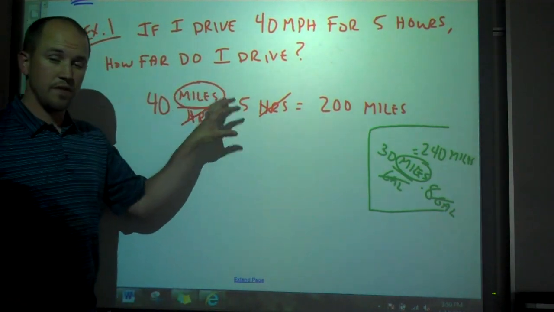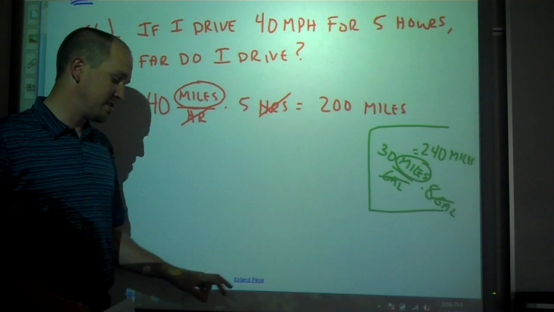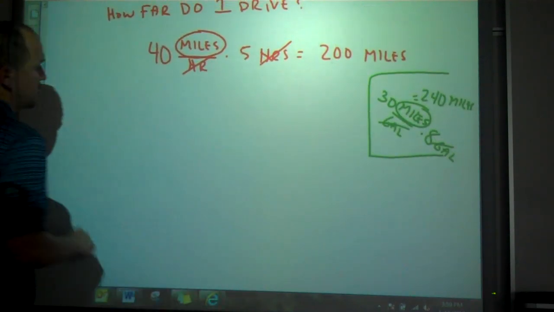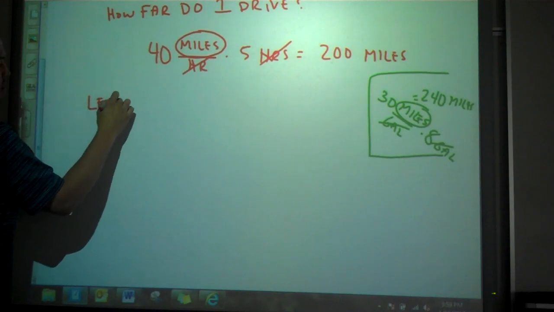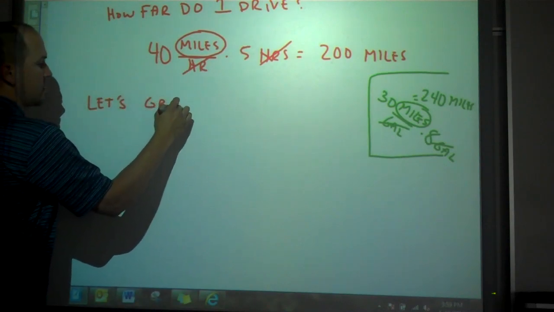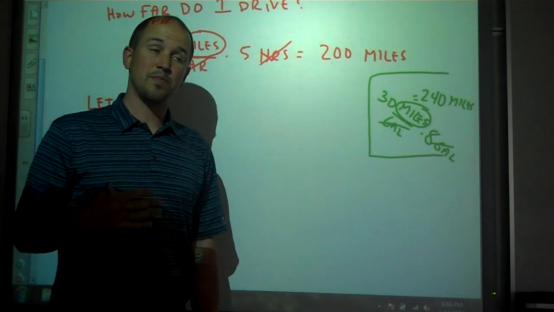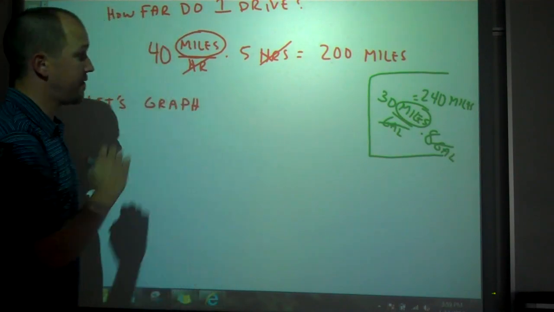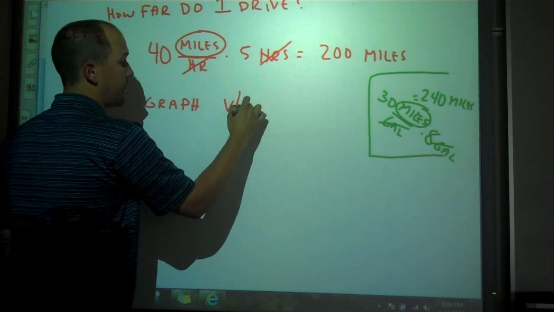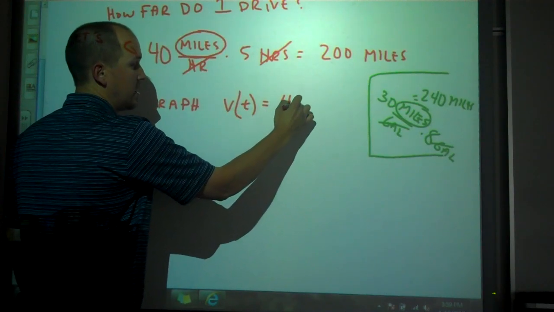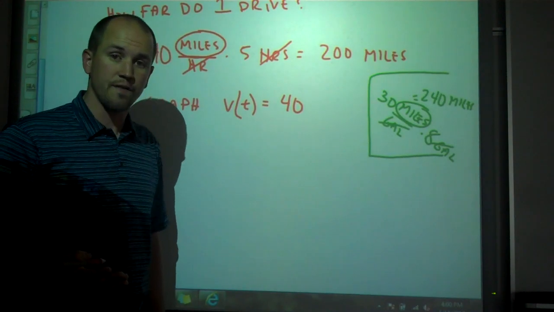There's another way to view this very simple problem, and this is going to blow your mind. Let's pretend, let's graph. I'm going to view 40 as a function, as my velocity function. It is my velocity, so I'm going to call it v of t. My velocity function in terms of t is just a constant function at 40.